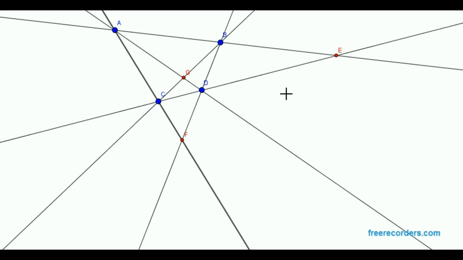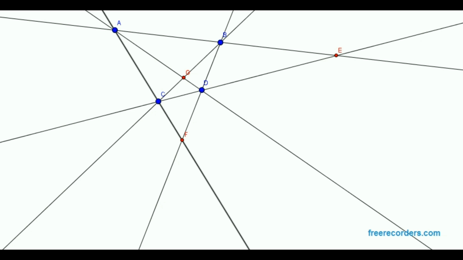For those of you that know about the theory of polarity, that essentially means that the line CD will actually be a polar of the diagonal point G under this kind of setup. So how does it work?